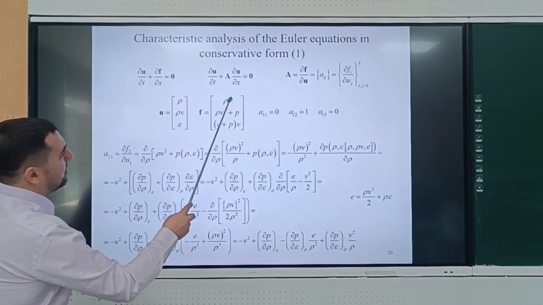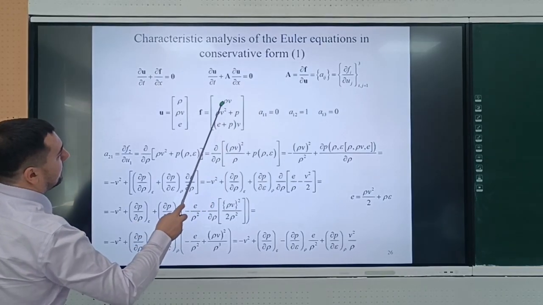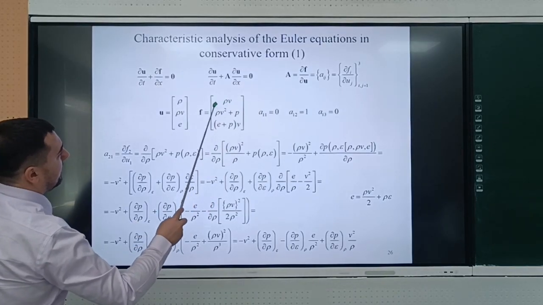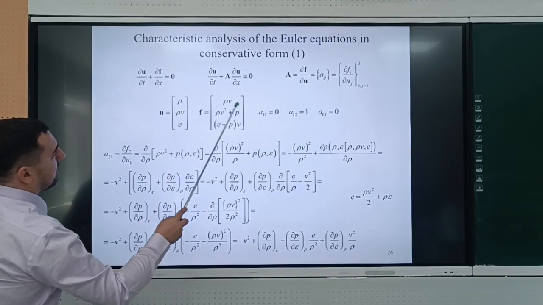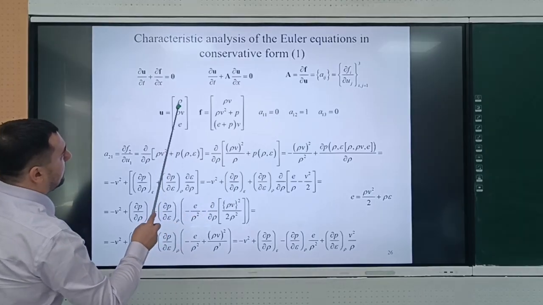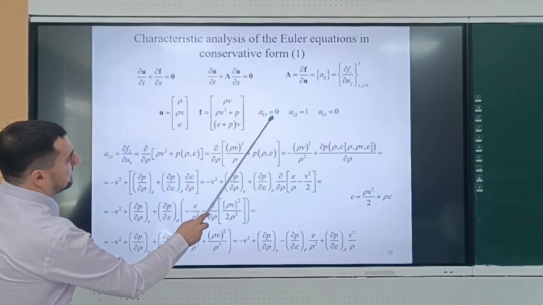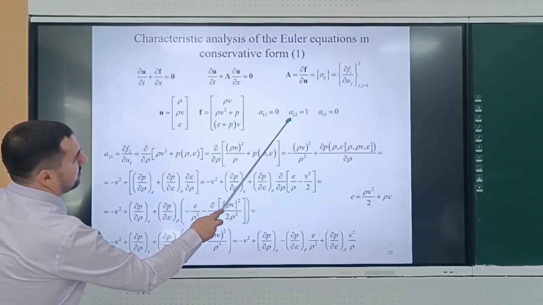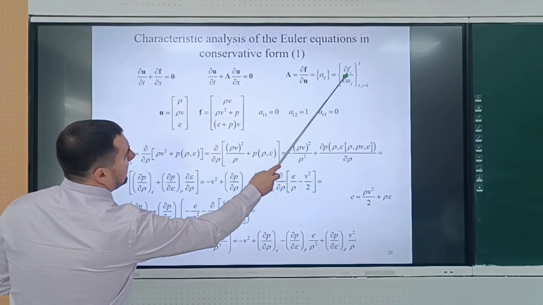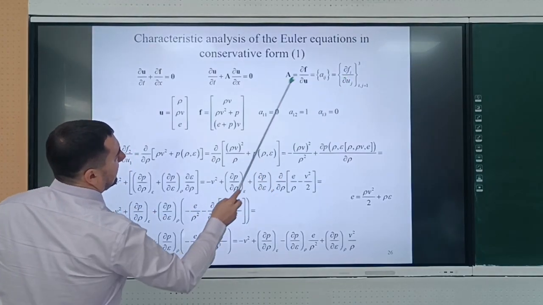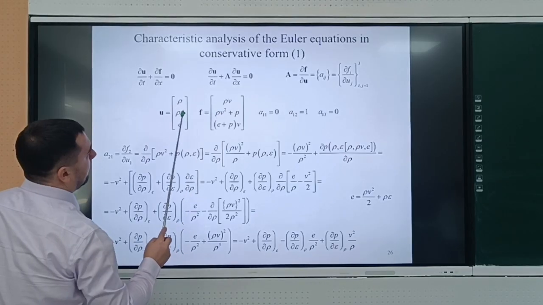And so we need to compute the derivative, for example, d rho v over d rho. It equals 0 because rho and rho v are independent variables. Okay, that is why a11 equals 0. Then we compute a12. a12 is the partial derivative of f1, which is rho v, over d rho v.